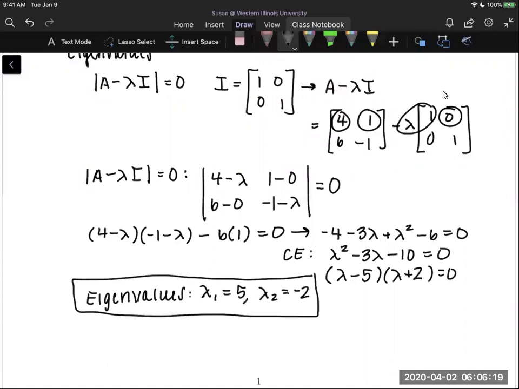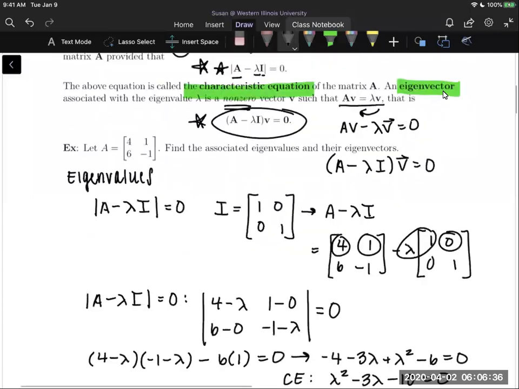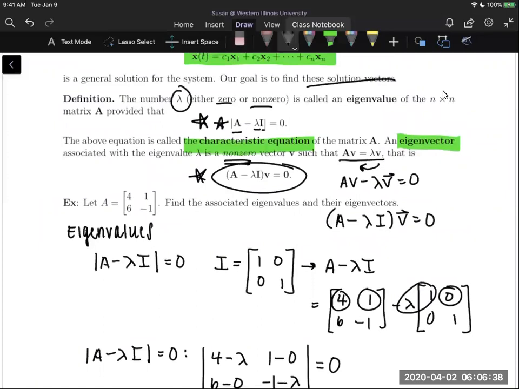And then we want to find the associated eigenvectors. I'm going to run out of space here, so I'm going to have to move into the margin of the next page, but that's okay. First, let's talk about lambda 1 equals 5 and find its associated eigenvector. Let me scroll back up here and remind you of what it means to be an eigenvector.